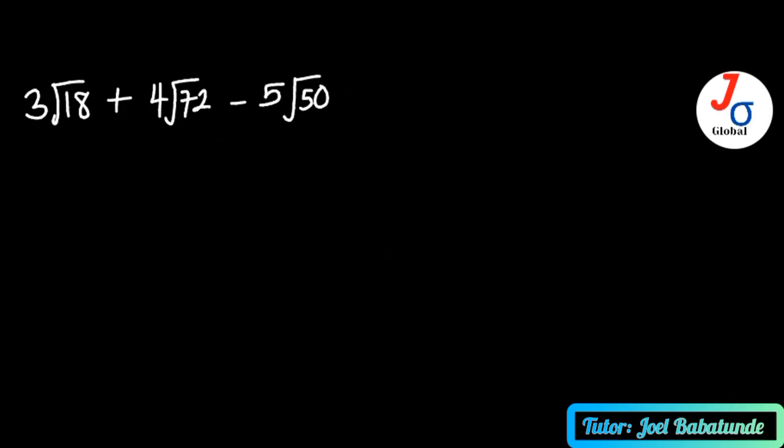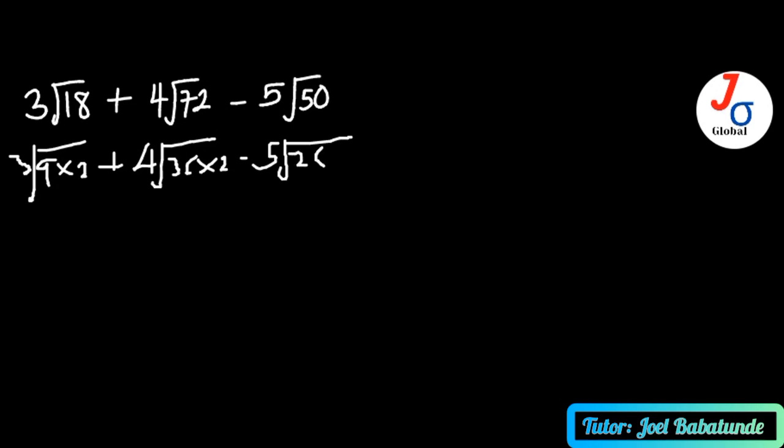Here we'll go through another example. We have 3 root 18, plus 4 root 72, minus 5 root 50. I can write 18 as 9 times 2, 72 as 36 times 2, where 36 is a perfect square, and 50 as 25 times 2.